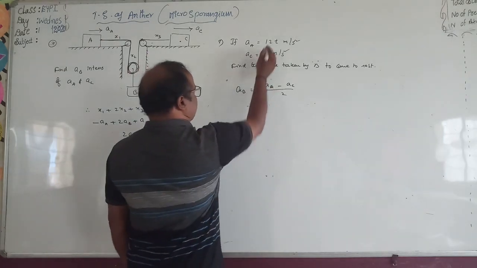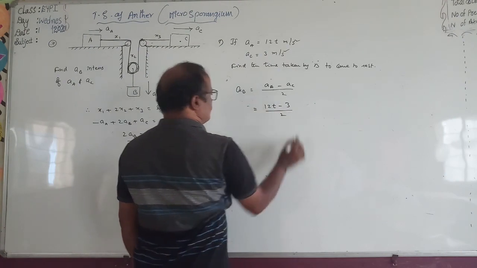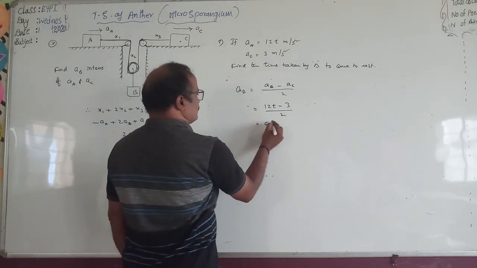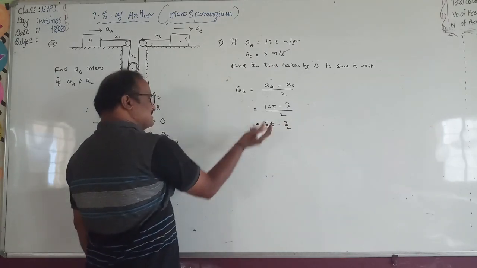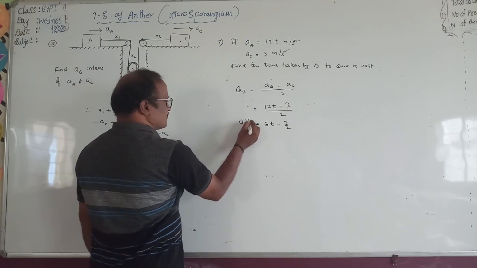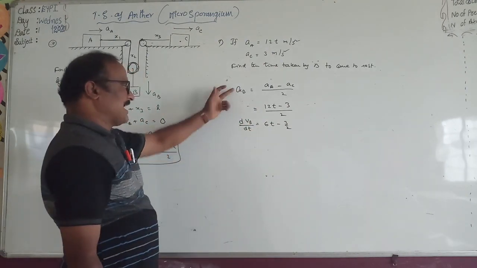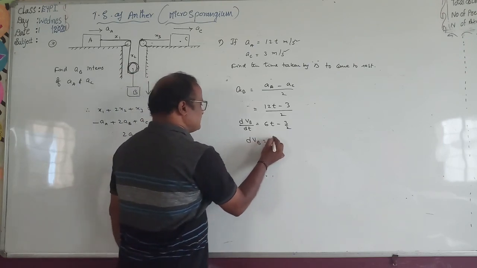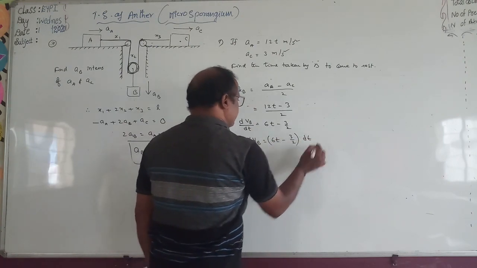Therefore, it is 12t minus 3 by 2, which is equivalent to 6t minus 3 by 2. The acceleration of B can also be written as dvb by dt, since the rate of change in velocity is acceleration. From this equation, dvb is equal to 6t minus 3 by 2 into dt.